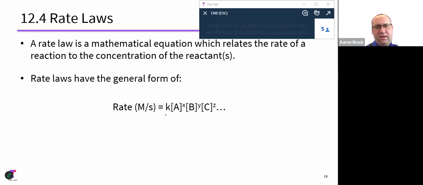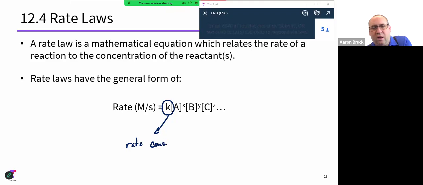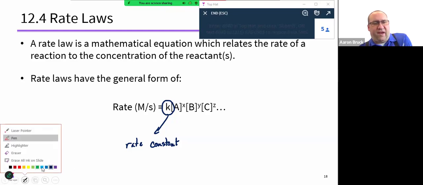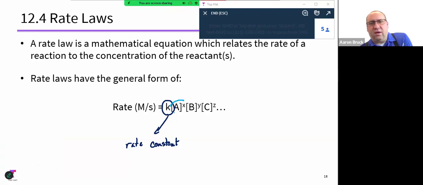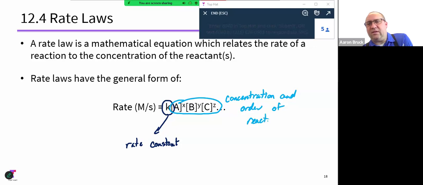One, the rate constant, K, and the second major factor is the concentration and order of the reactants.